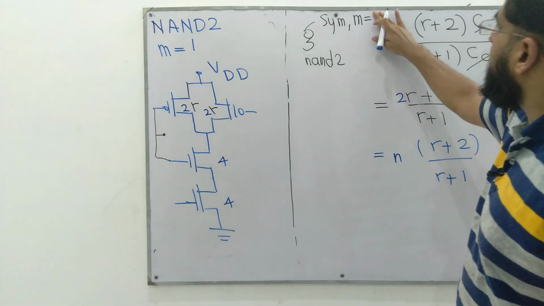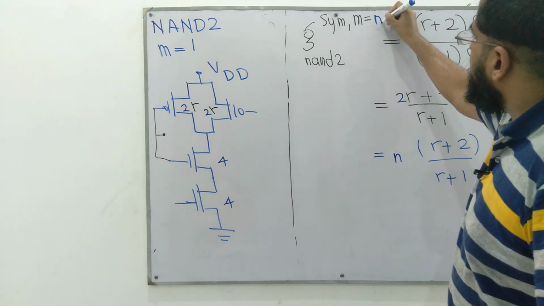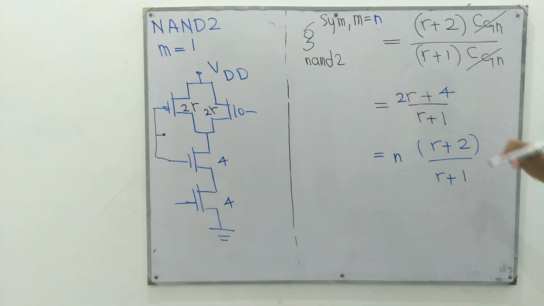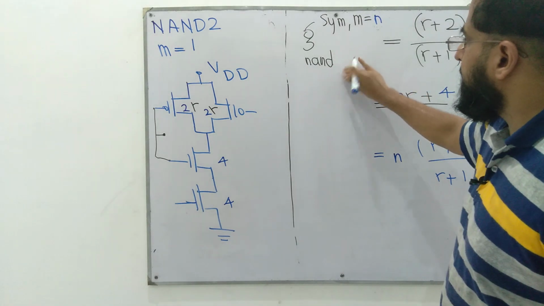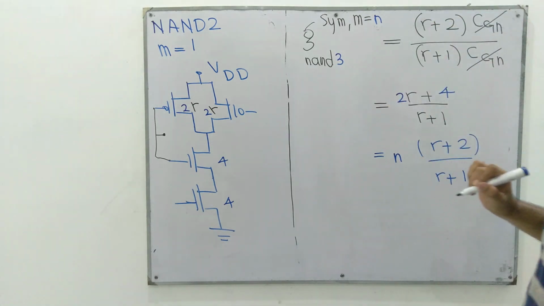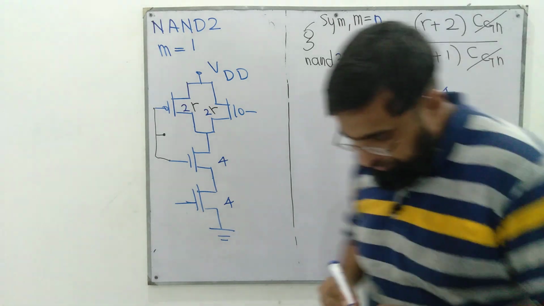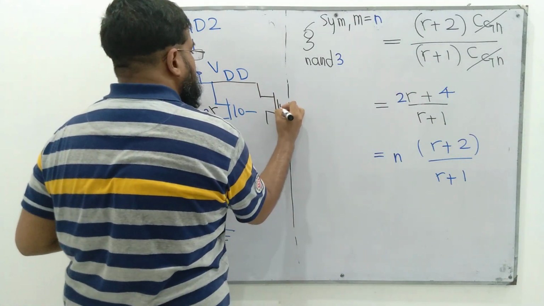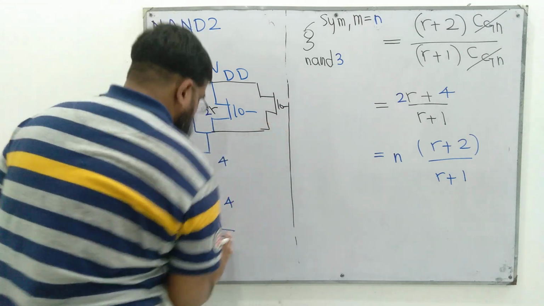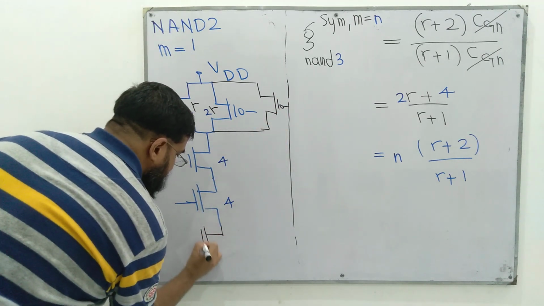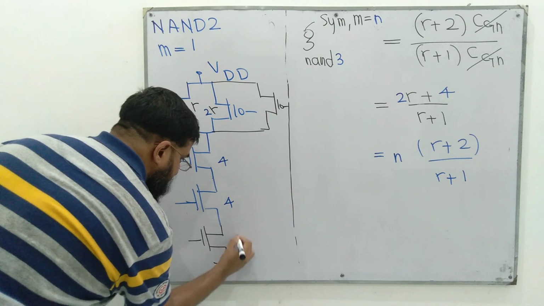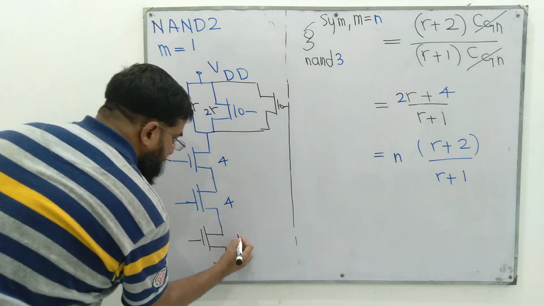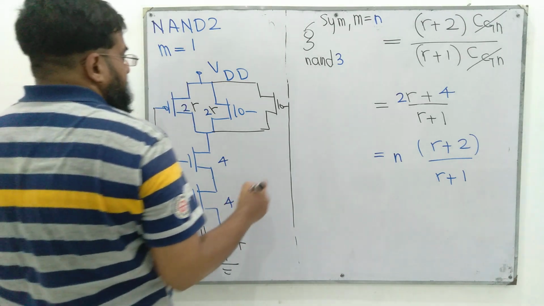Going back, not going back. If it is NAND 3, what happens if it is NAND 3? For NAND 3, we'll have one more transistor here, and we'll have one more transistor here. This is also 4.